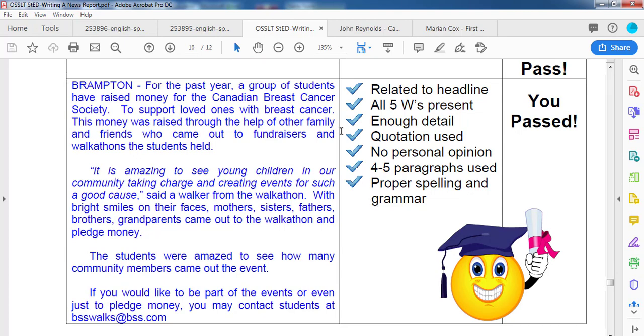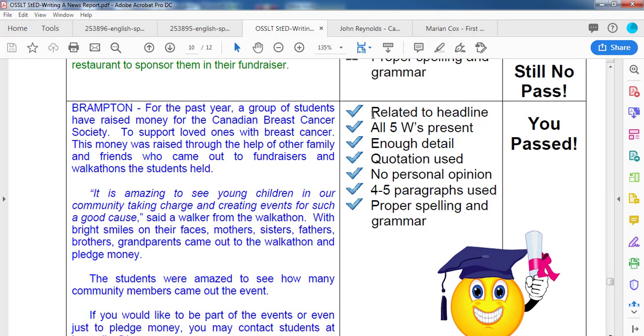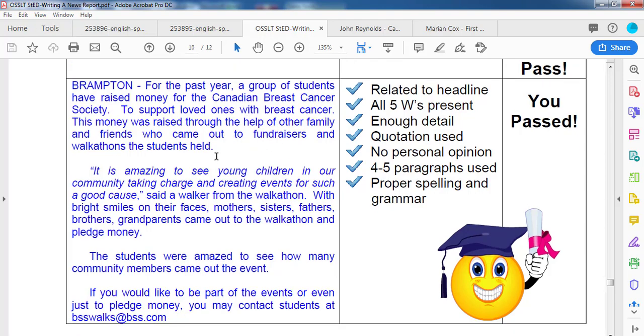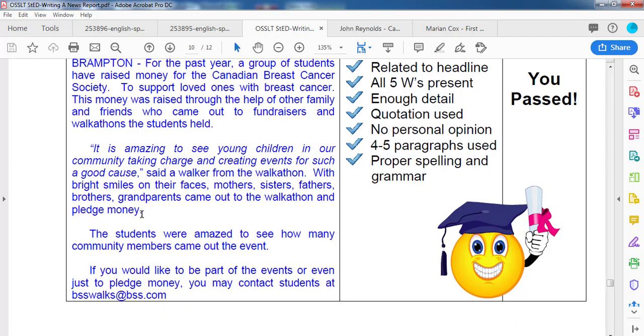An A student will give you a very good type of newspaper report. He will start with a related headline. He will give you a place line. He will give you a byline. He will give you a lead paragraph. He will give you a body paragraph.